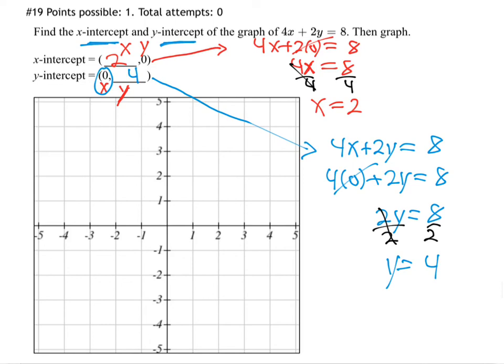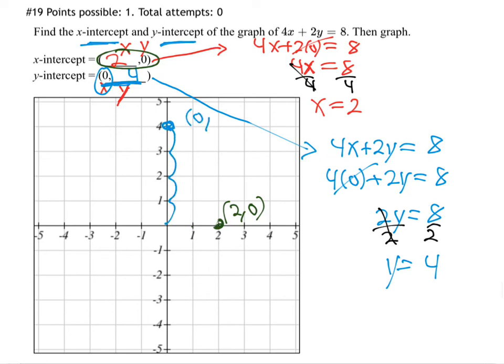Now they want me to put those two dots on the graph. So let's put the 2, 0 dot on the graph. Can you do that? So it's right here, isn't it? From the middle, it's over 2, up 0. Now can you put the second dot over 0, up 4? 1, 2, 3, 4.